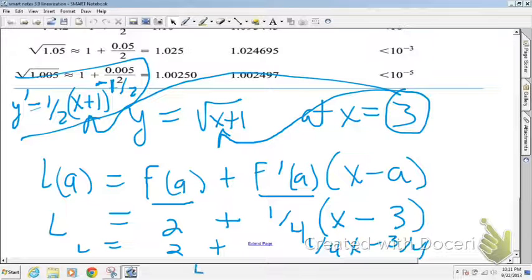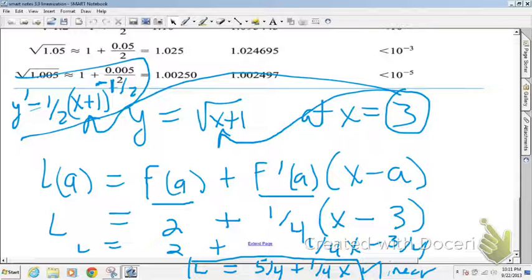So your linearization then would end up being 5/4 plus 1/4 x. Then you could run that same experiment if I go out a little bit away from 3, say 3.005. And notice the linearization is keyword linear. So you're ending up with a lot simpler function than the original, and still going to produce functional values that are arbitrarily close to the true functional values.